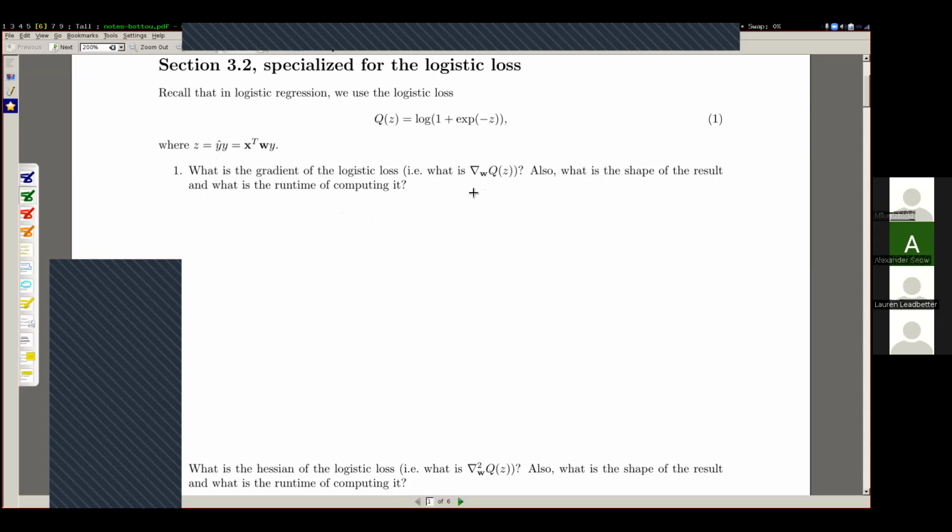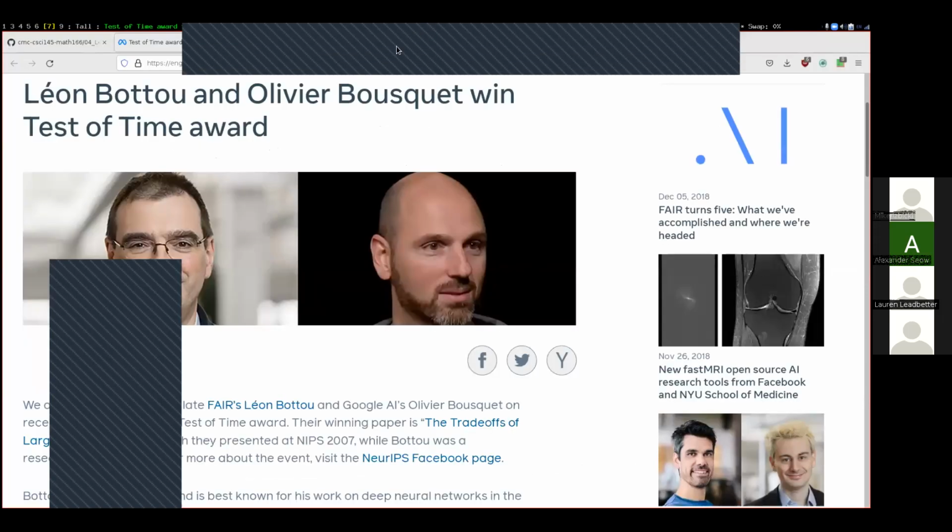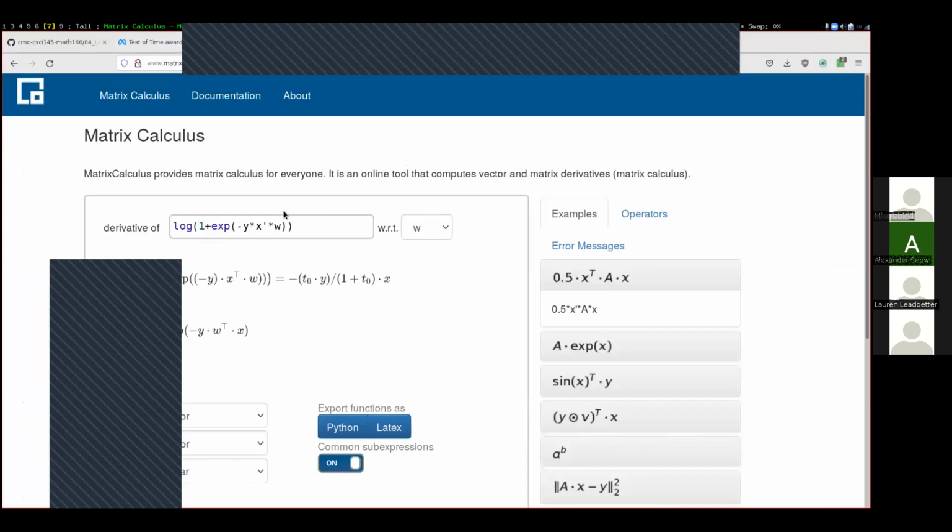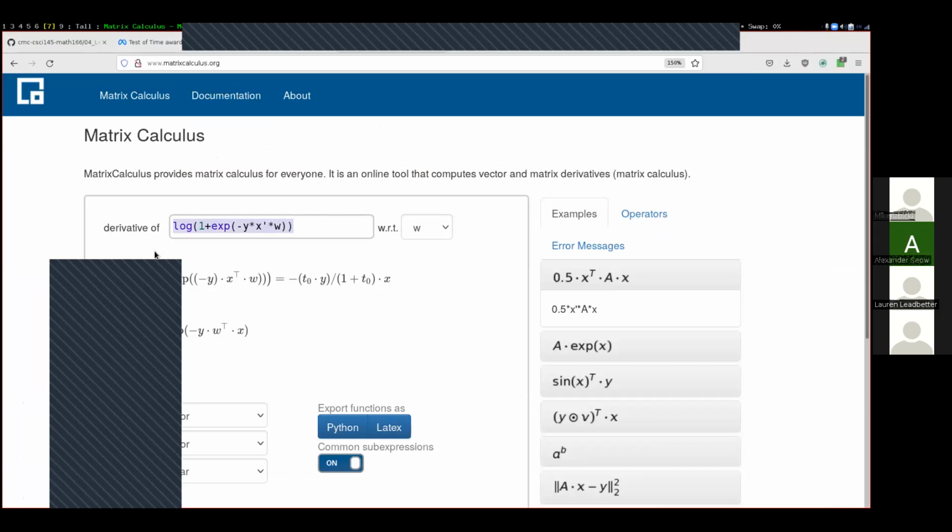Instead, anytime there's a calculus question, the matrixcalculus.org website is what we'll turn to. I already have that open over here, and right here I've typed in the logistic loss for us. We're taking the gradient with respect to W. That's important. Every time we're taking these gradients, it's always with respect to the parameters.